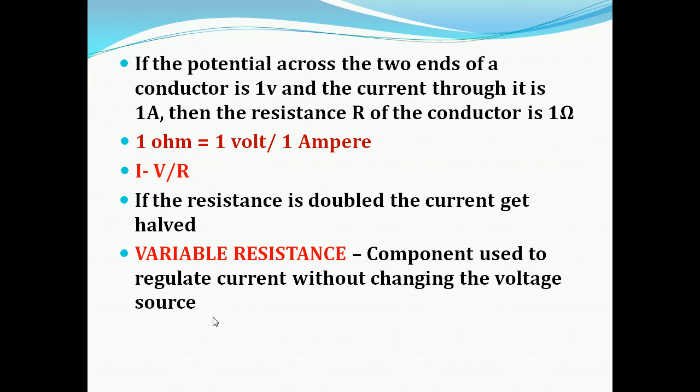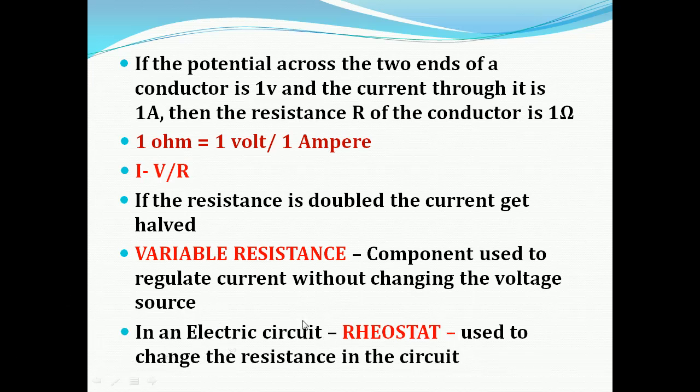So in order to adjust the current without changing the voltage, we use the component called variable resistance. In an electric circuit, a rheostat is used to change the resistance in the circuit. So a rheostat is an instrument which is used to change the resistance in the circuit.